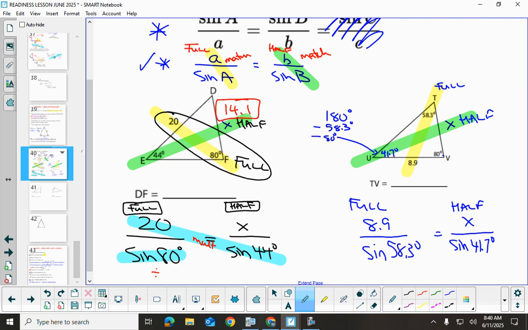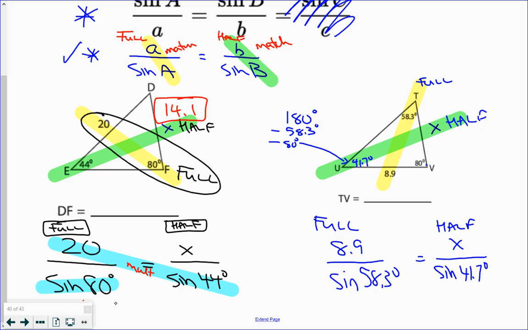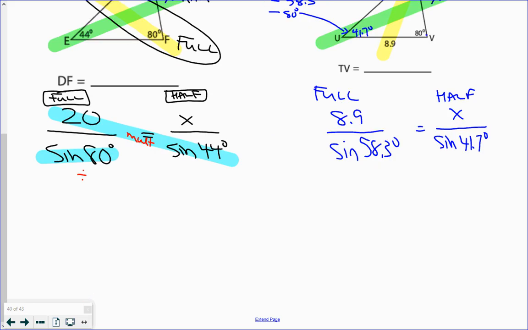Does that make sense? Full set, half set. So at this point, we're going to cross multiply and divide.